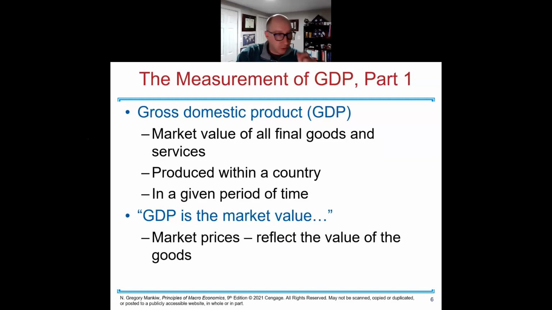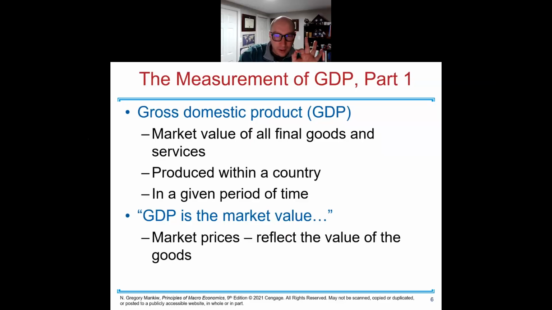We measure gross domestic product every quarter of every year. So we measure it 4 times a year to get an understanding of how well the country is performing throughout the year. So the given period of time is a quarter within a year, so 3 months out of a year.